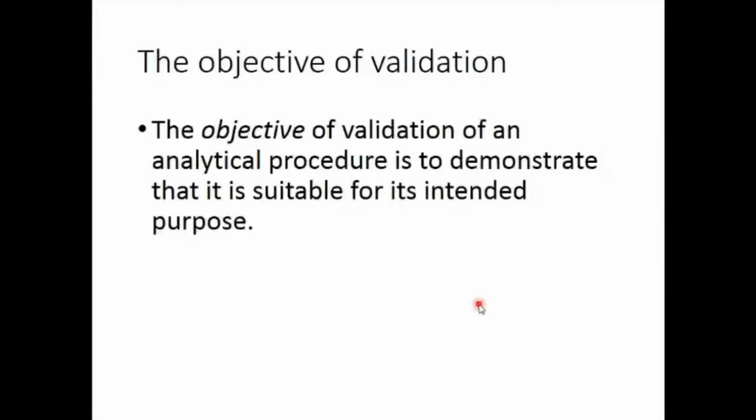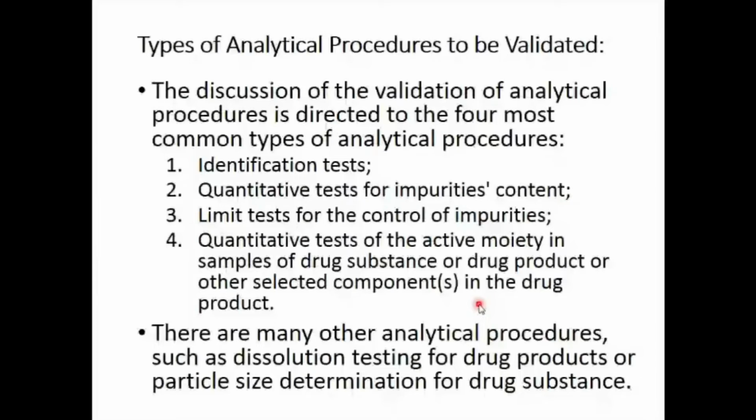Now, types of analytical procedure to validate. There are different types of analytical procedure which can be validated. The discussion of validation of analytical procedures is directed to the four most common types. Which are those four types? First, identification test.